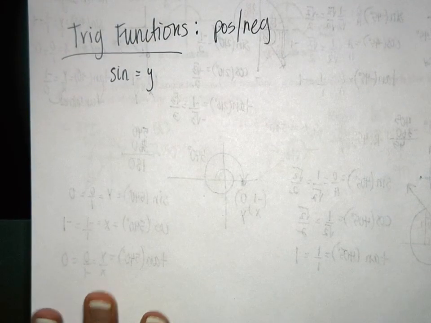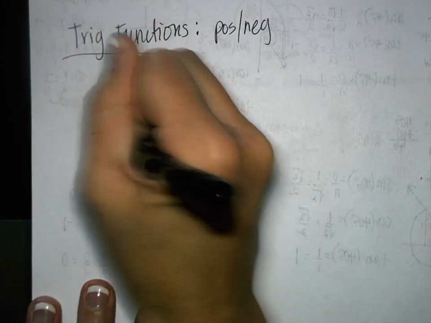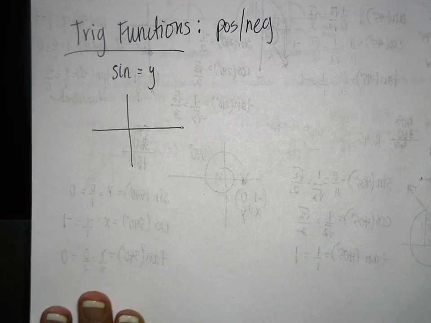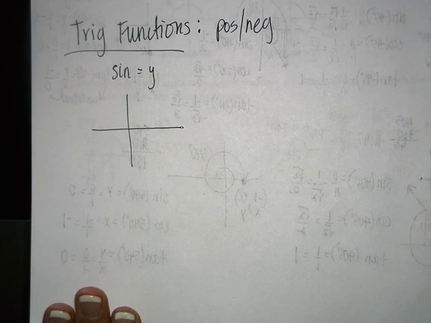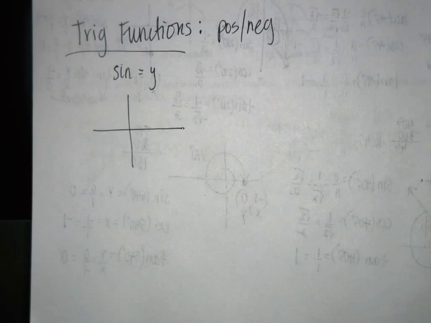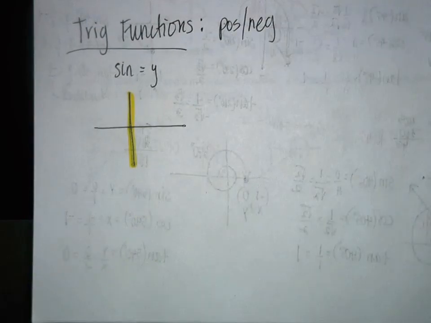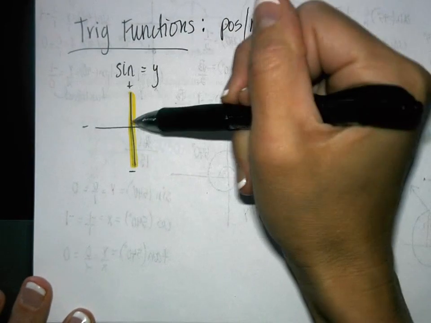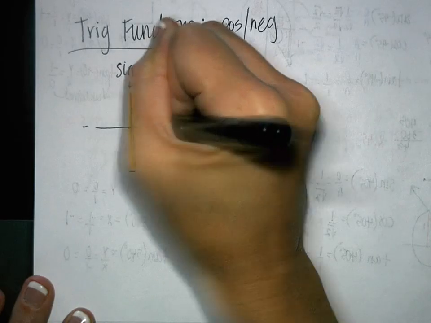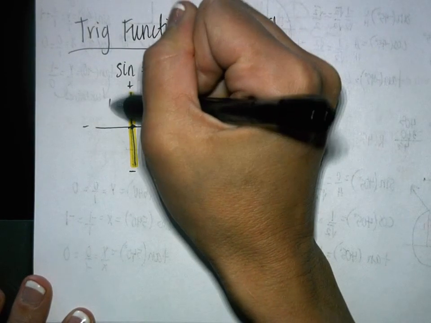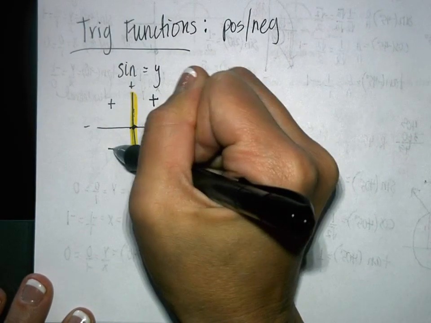So on a coordinate plane, which quadrants is y positive in? This is your y-axis, correct? Going right is positive, left is negative, up is positive, down is negative. So the positive portion of y is in quadrants 1 and 2, and it's negative in 3 and 4. And this is going to be helpful in everything that we do.